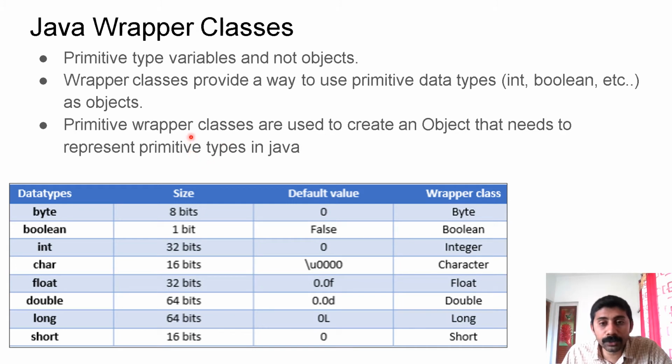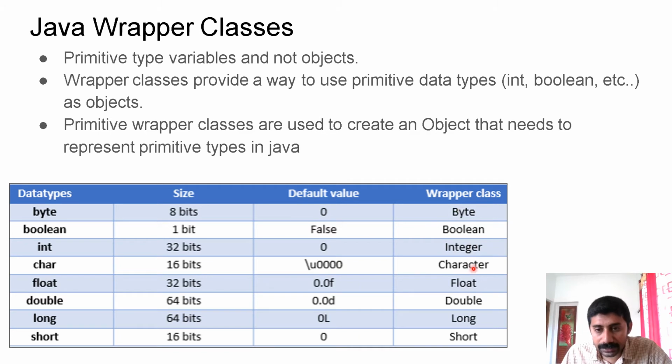Primitive wrapper classes are used to create objects that need to represent primitive data types. To have the object representation of a byte value, you have to use the wrapper class Byte. To have the object representation of a boolean value, you have to use the class Boolean. To have the object representation of an integer, you need to use the wrapper class Integer.